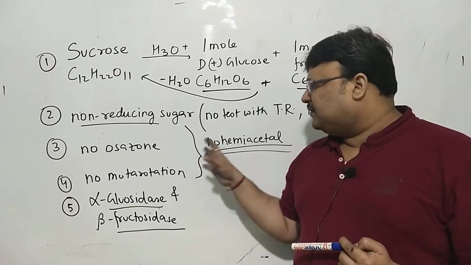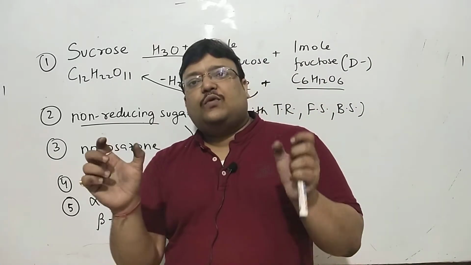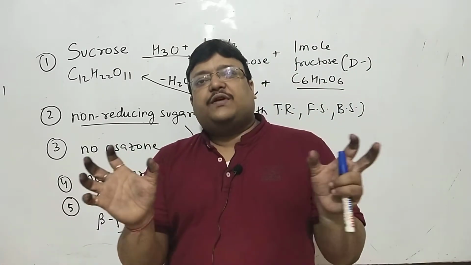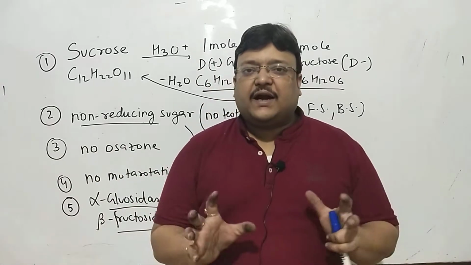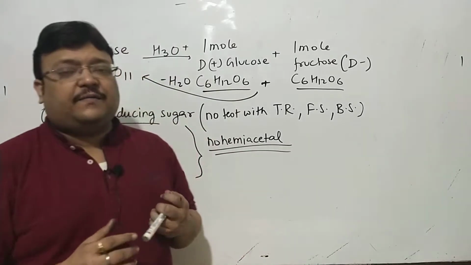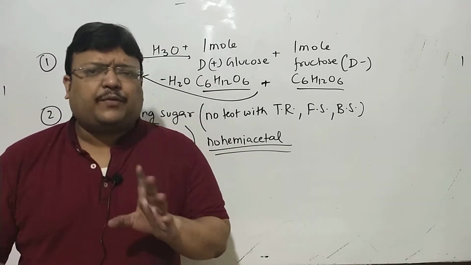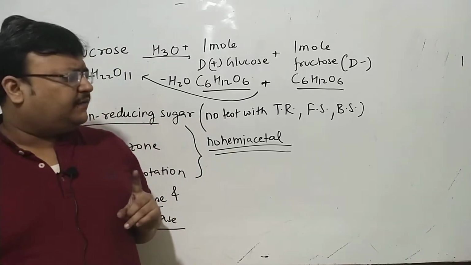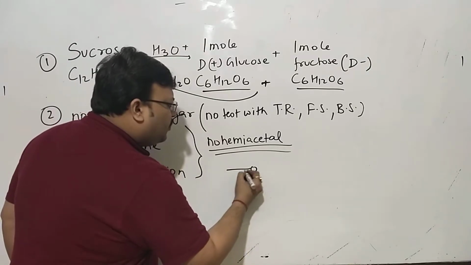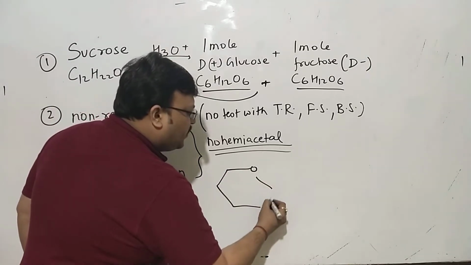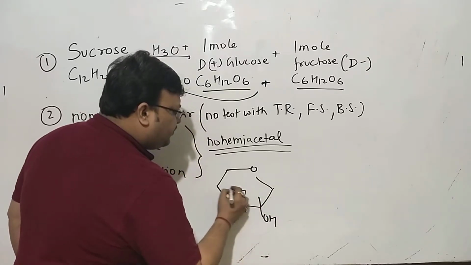If none of this happens, this means there is no hemiacetal, and with two monosaccharides, glucose and fructose, in their hemiacetal form, forming the disaccharide sucrose, and for both of them to lose their hemiacetal, there is only one possibility. Maybe I'll quickly draw glucose.